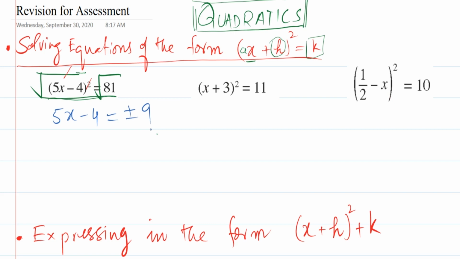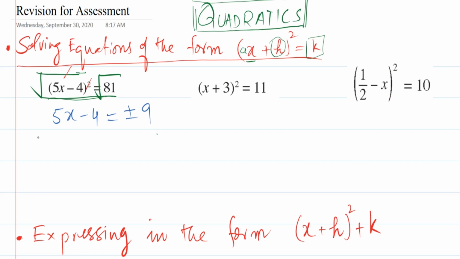The square root of 81 means to find a number which when multiplied by itself gives us 81. So plus 9 times plus 9 is 81, as well as minus 9 times minus 9 is also 81. So whenever we take the square root of any number, the answer can be positive as well as negative.